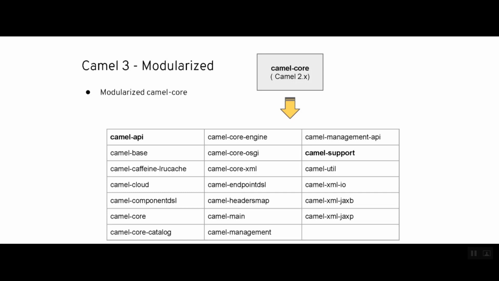This is because Camel API contains the public API for developers, and Camel support contains the building blocks to build custom components in Camel. So if you are a developer, you will probably use them more than the others. The others are more or less internal parts.